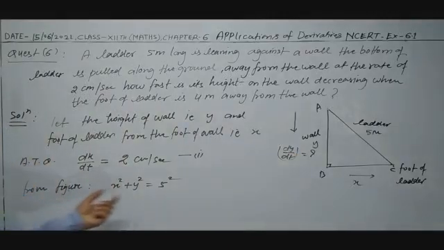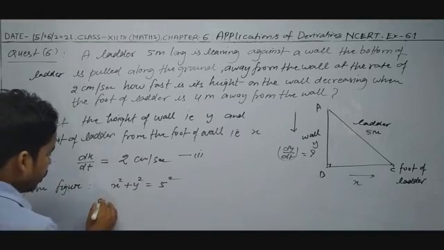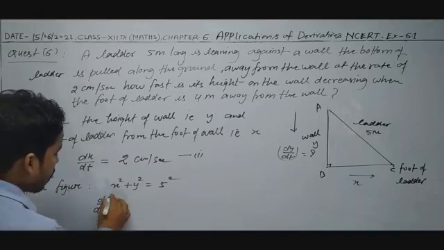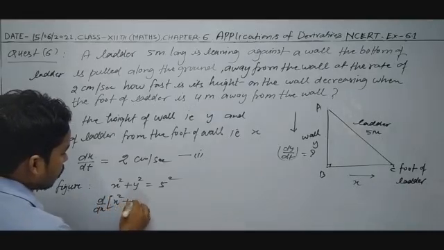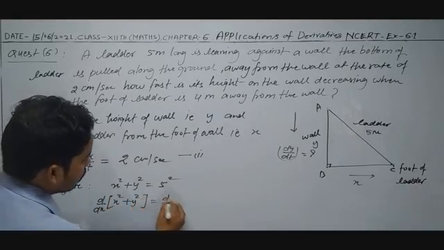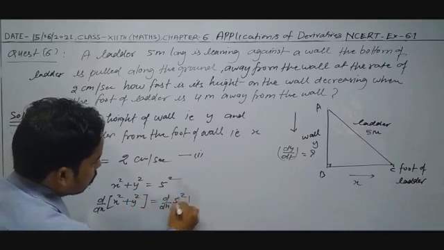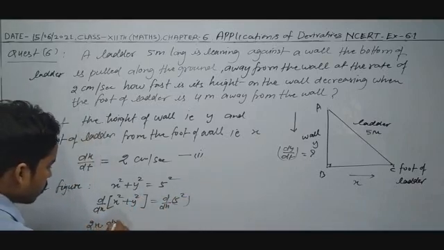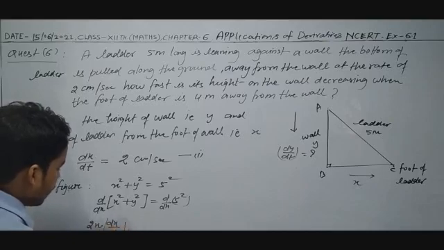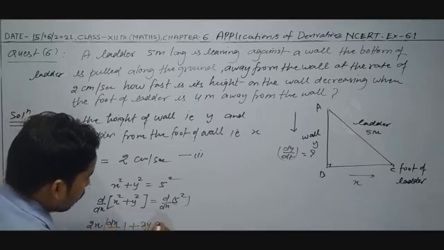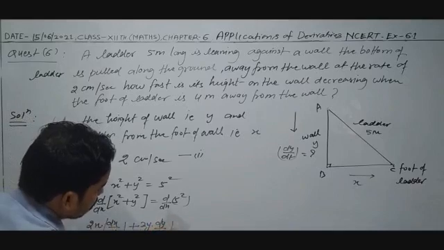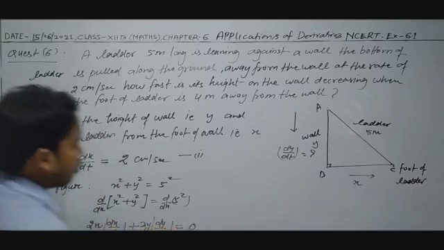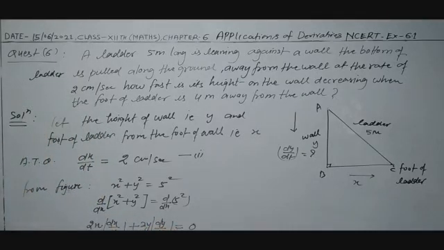So first of all you have to differentiate this. When you differentiate with respect to t, you will get 2x dx by dt plus 2y dy by dt is equal to 0. You know constant differentiation is 0.